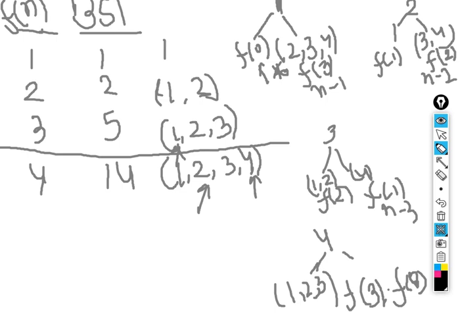Now you can see here that we had to call f of 3 once here, then we also had to call f of 3 over here, so we had to call f of 3 two times. Now think, if we are writing a recursive code, we are calling f of 3 twice, which does nothing but increase the computations.